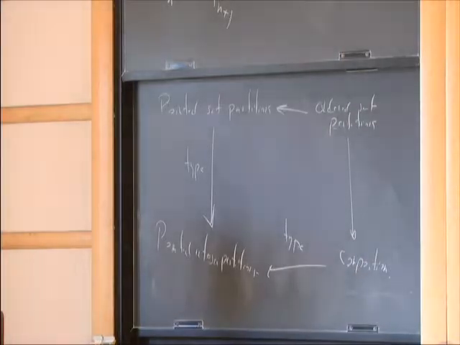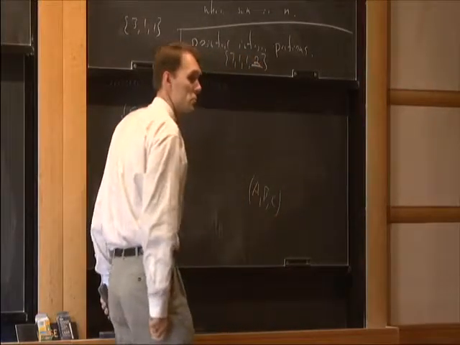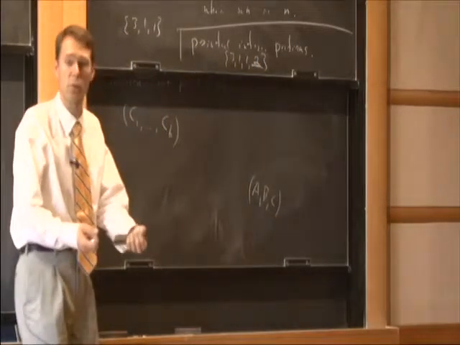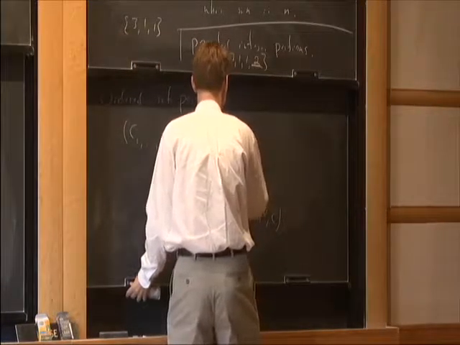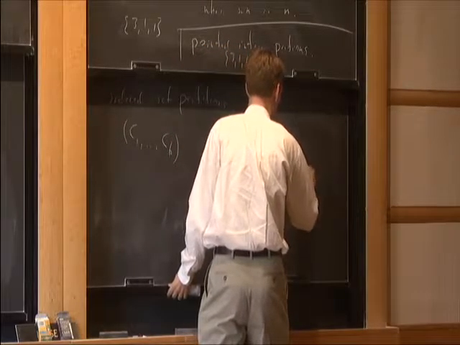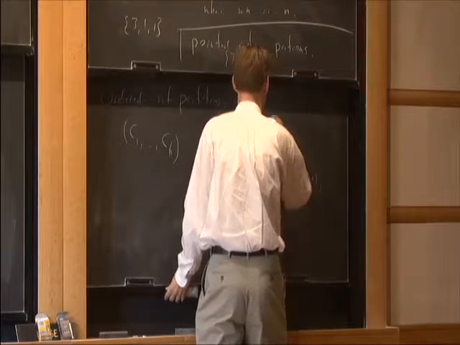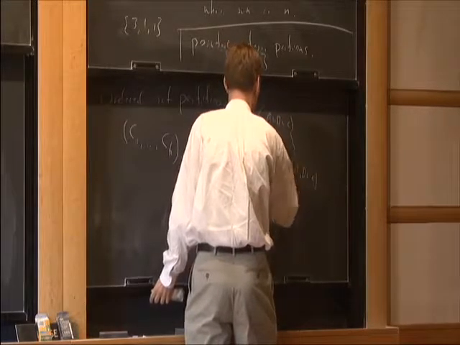However, let's look at this order and what happens with it. If I have an ordered set partition A, B, C, I have three blocks. The only way to go up in this poset is to either join the first two or the second two.